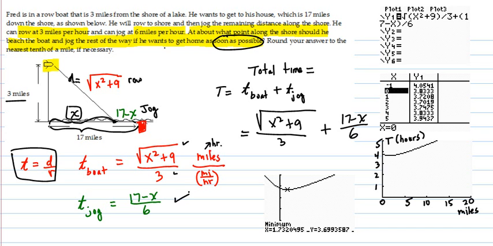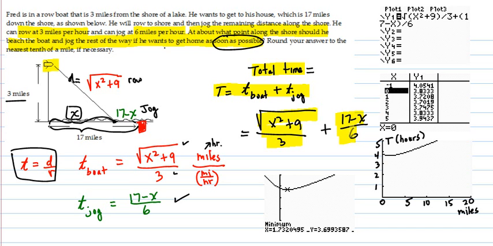Then the time of the jogging is 17 minus x over 6 miles an hour. So the total time up over here is t equal to the time in the boat plus the time in the jogging, which is this function plus this one. So that's the total time. So we want to minimize it.